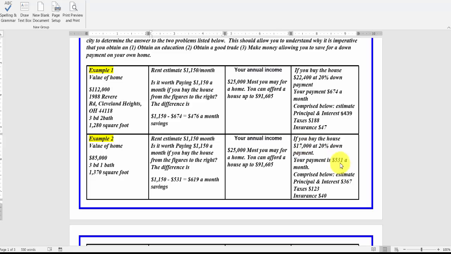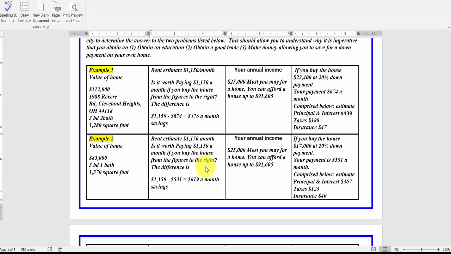You have to decide what's affordable for you. If you can save $17,000, God bless you. That's outstanding, because in the long run, you own the house, and you're making a savings of $619 a month. Hopefully all of this makes sense.